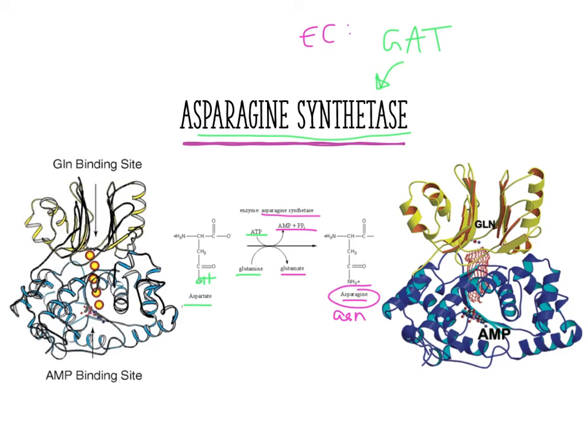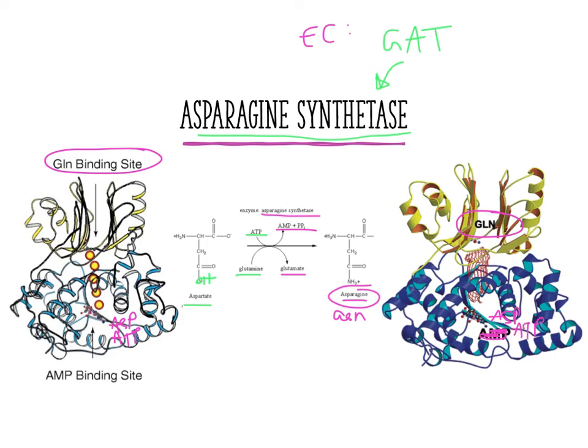The way these enzymes' pictures are drawn is the glutamine is on top, and the receiving end piece is on the bottom. So hold on, let me edit. ASP would be down here, and ATP would be down here. And they're showing AMP because that's one of the products, but we'll start with the reactants first.